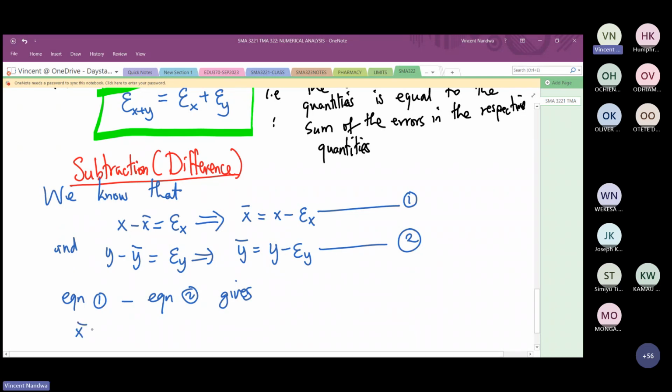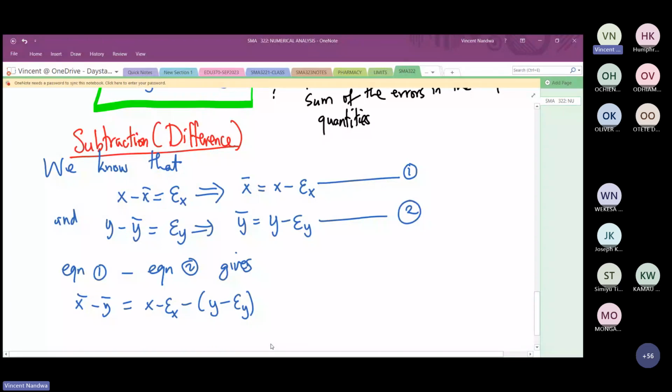So we'll have bar x minus bar y equals x minus error in x minus y minus error in y. So remember, brackets must be included because this y minus error in y is now one quantity. So when I'm saying equation 1 minus equation 2, I have to include this bracket so that I don't mess up with the signs in the equation.